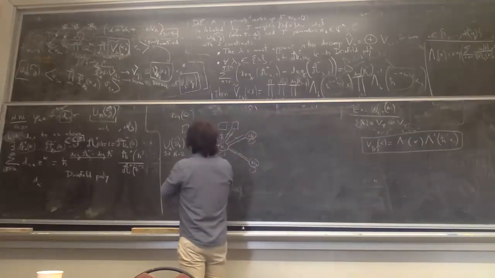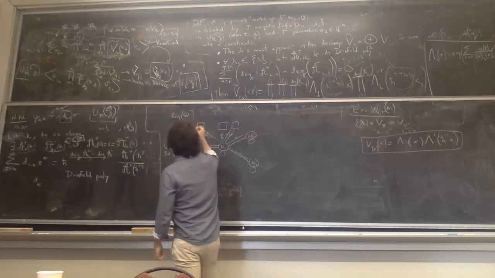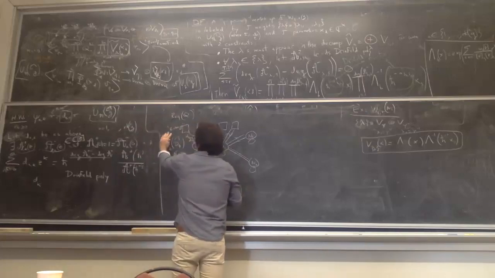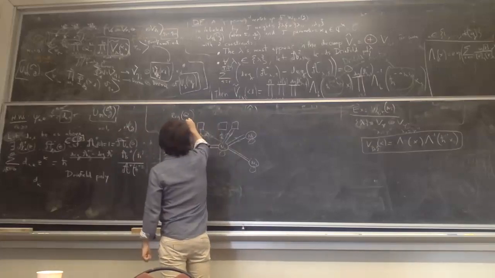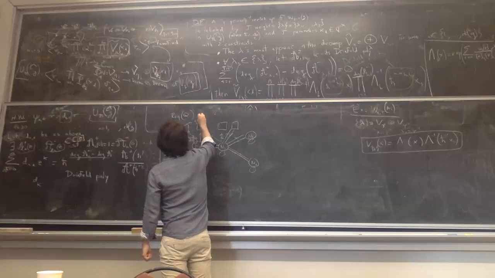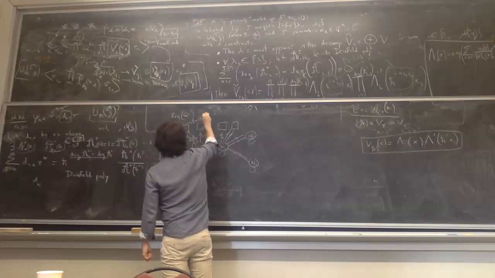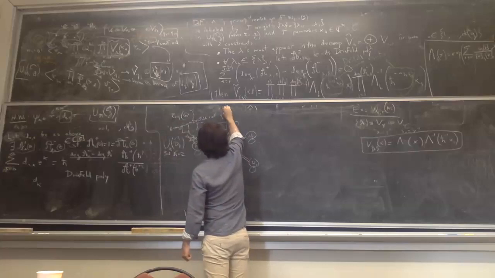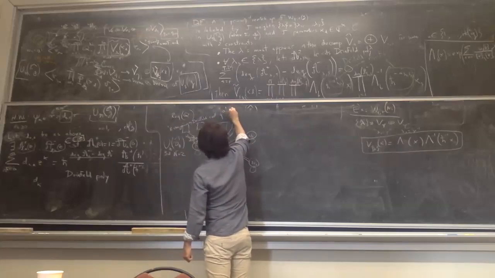And what is the R charge of these? The R charge in physics of these multiplets is Q to the Drinfeld roots. So the Drinfeld root, Q to the A plus minus.